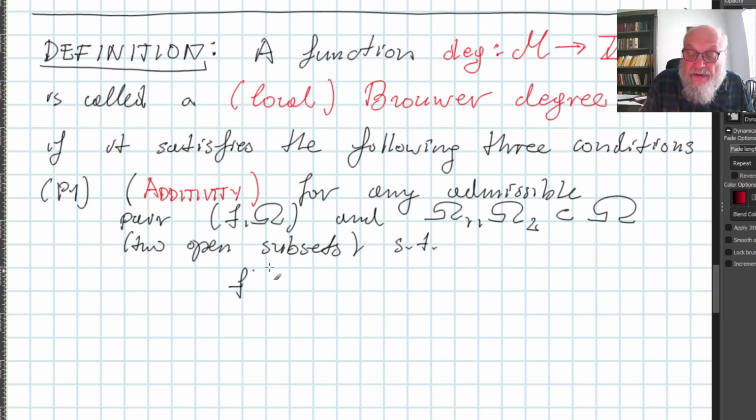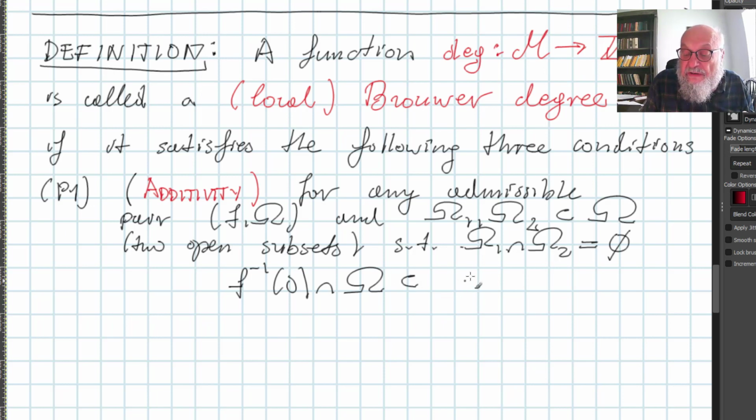Let's write it down: omega 1 is disjoint from omega 2, and f^{-1}(0) intersected with omega is contained in omega 1 union omega 2.